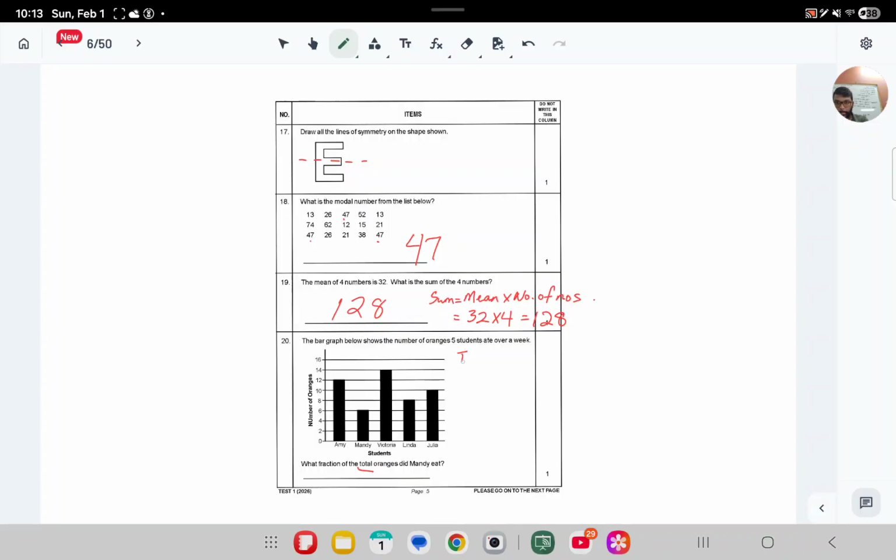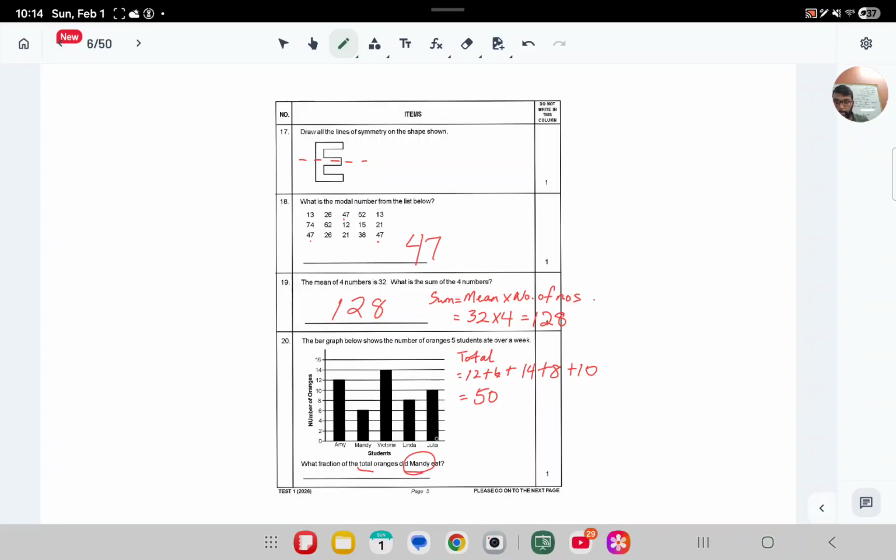So we add 12 plus 6 plus 14 plus 8 plus 10. That will give us a total of 50.